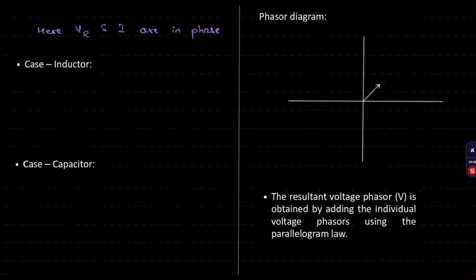Agree? Next, we have VL, XL. Same thing. Here, what happens? Current lags voltage by pi by 2 radian.